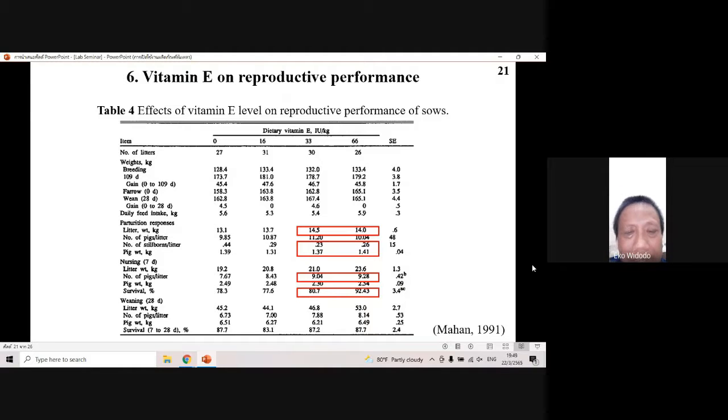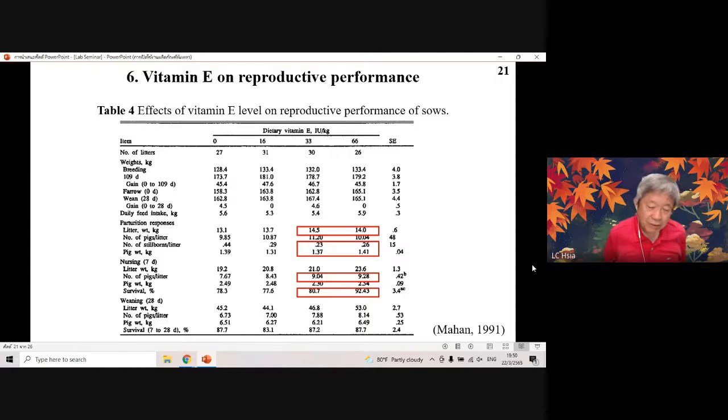Yes, Professor. Okay. Actually, I have several publications that mention that vitamin E can reduce the mortality of the piglet.